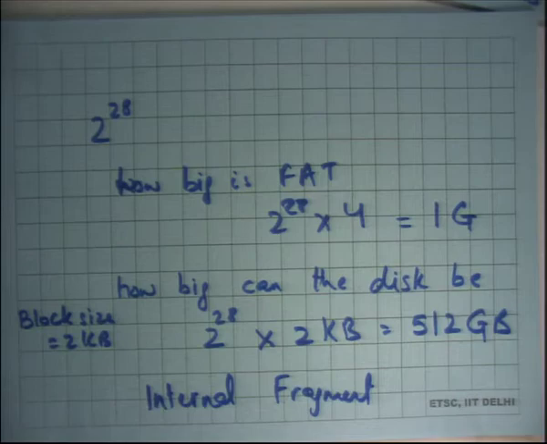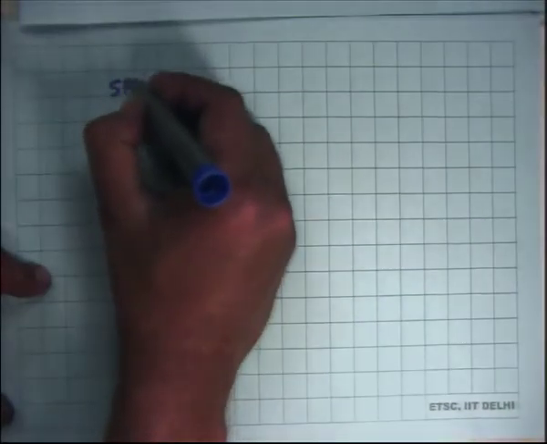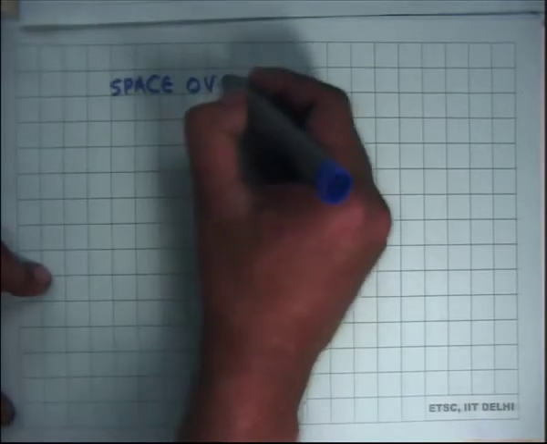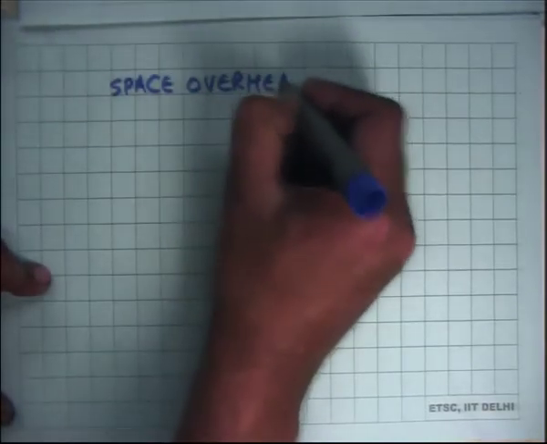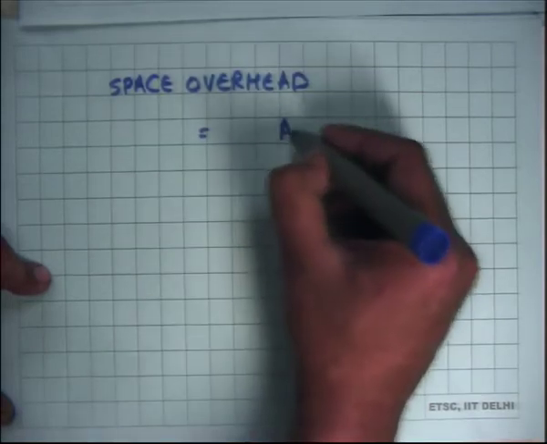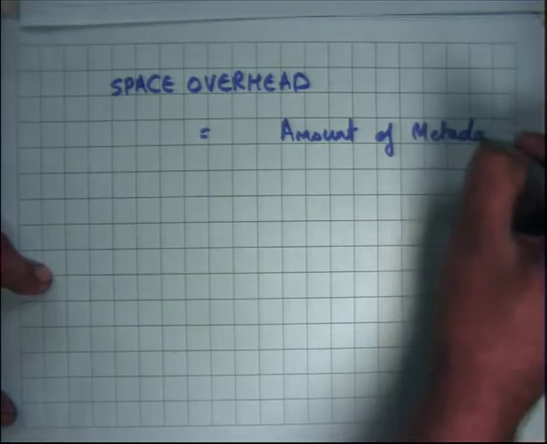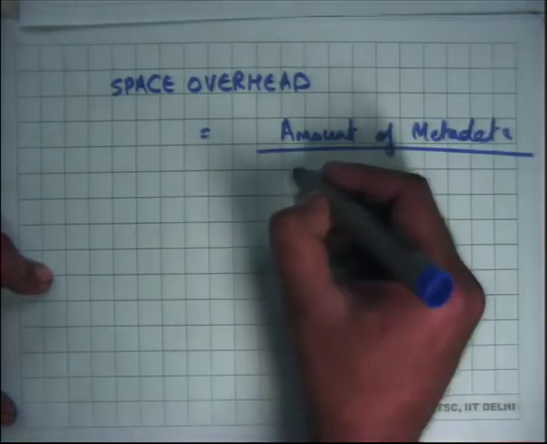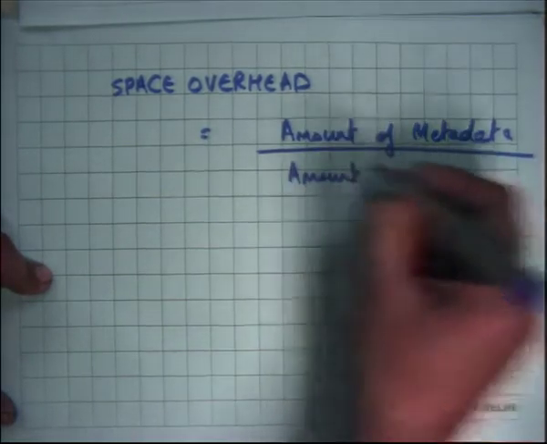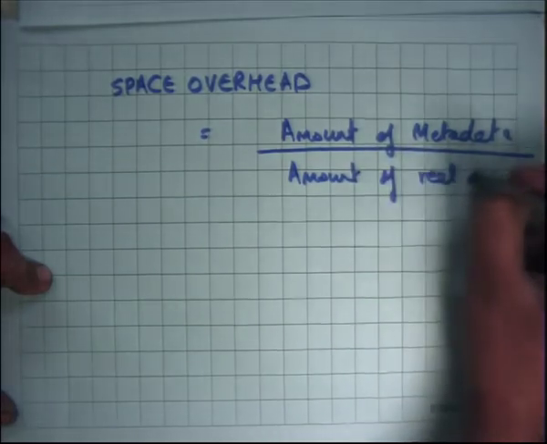What is the space overhead of a FAT file system? If I were to say space overhead of a file system, I basically say amount of metadata divided by amount of real data, right?